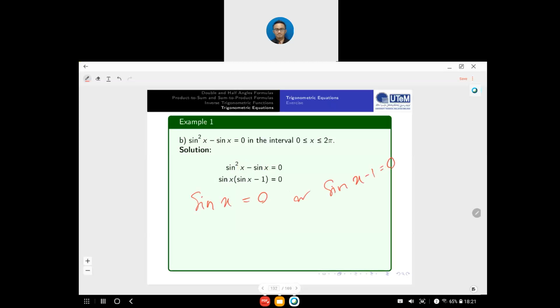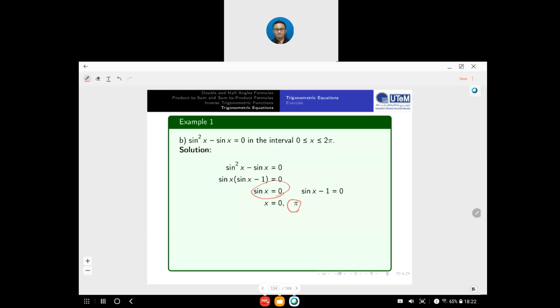So you can solve first for sin x equal to 0. Next, you can solve sin x minus 1 equal to 0. Okay, sin x equal to 0. Bila awak tekan calculator, sin inverse 0, you can get 0. Okay, and then also same thing, pi pun ya juga.